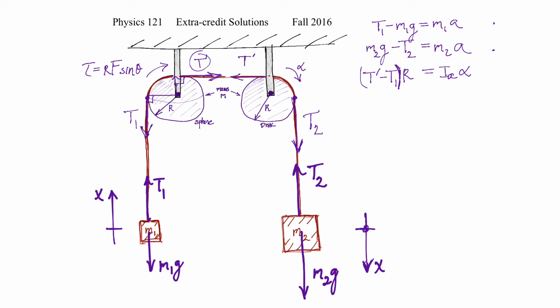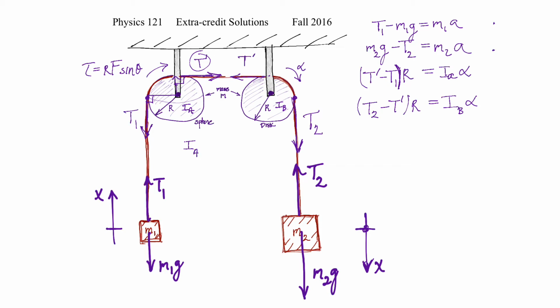All right, so back over here, the torque for the rightmost pulley will be T2 minus T prime, all times R, is IB times alpha. Okay? So this pulley on the right has moment of inertia IB, the one on the left, moment of inertia IA.